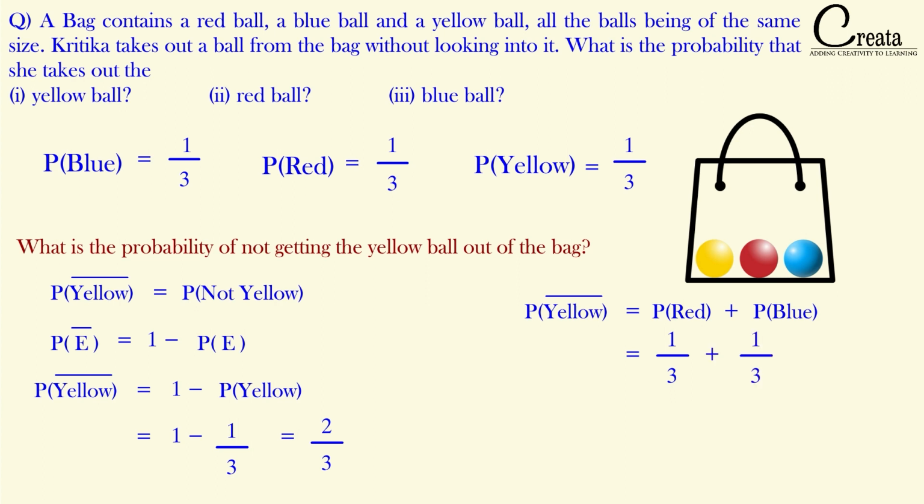So the probability of getting red ball or blue ball is 1 by 3 plus 1 by 3, that is 2 by 3. So we again got the answer, that the probability of not getting the yellow ball is 2 by 3. We have already done the answer, I am just adding some more concepts so that your clarity about probability can be enhanced.